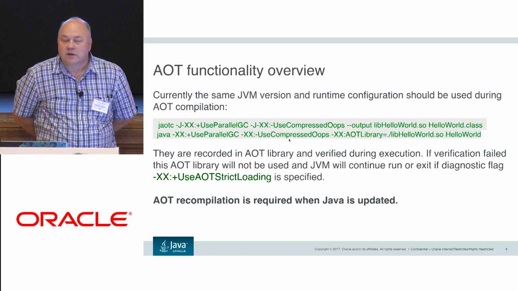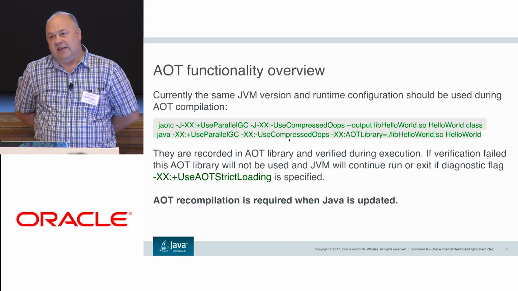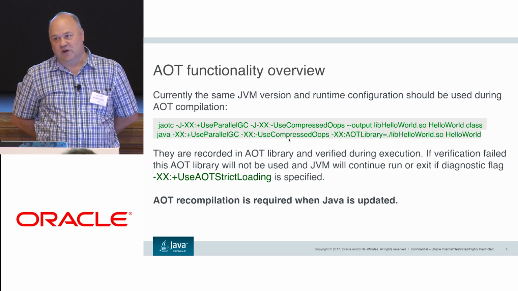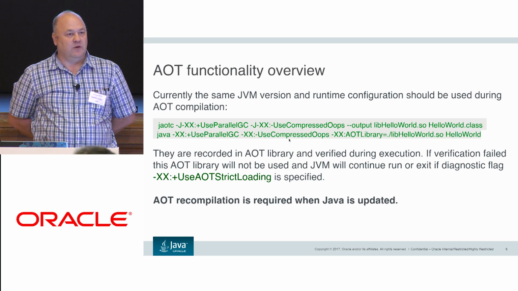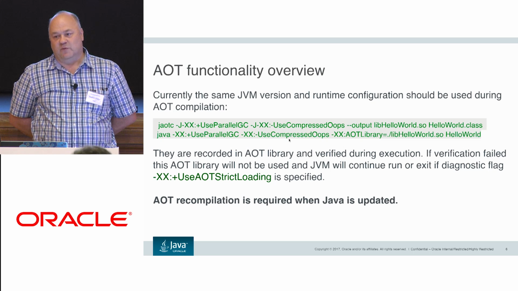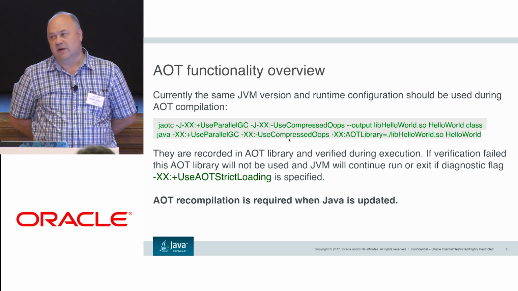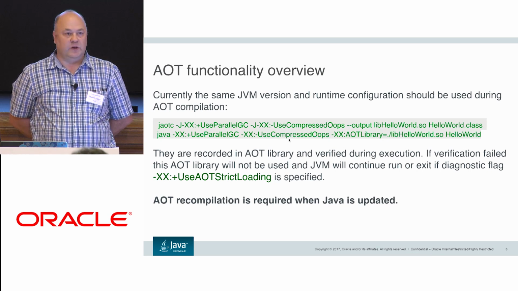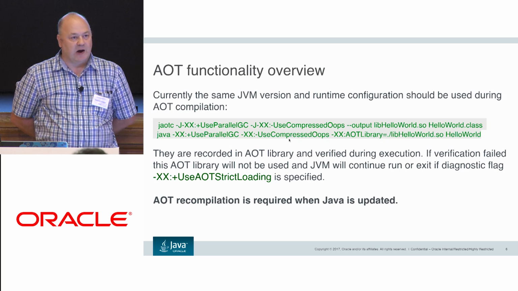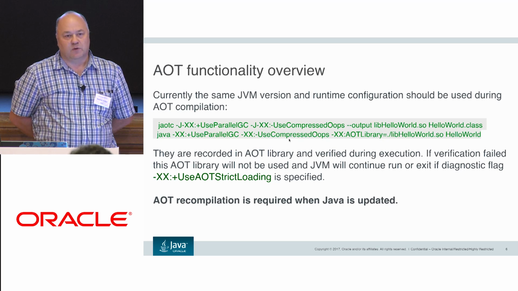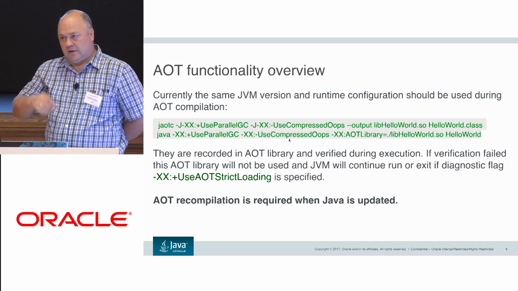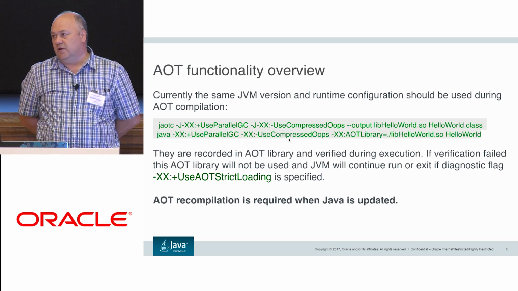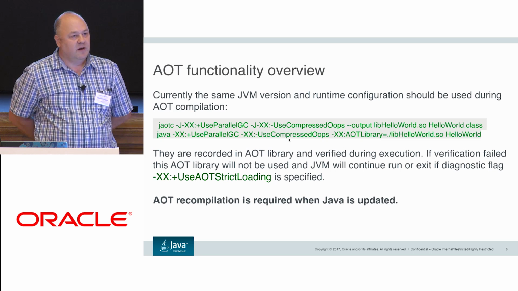So when you execute AOT code, you have to use the same flags and the same hardware setup. Otherwise, for example, you can generate code which uses AVX instructions, but when you try to run it on another machine which doesn't have them, you crash. In the future, we want to introduce AOT cross-compilation where you specify the targeted runtime configuration. Also, when there is a Java update, you have to recompile your AOT libraries for the same reason.